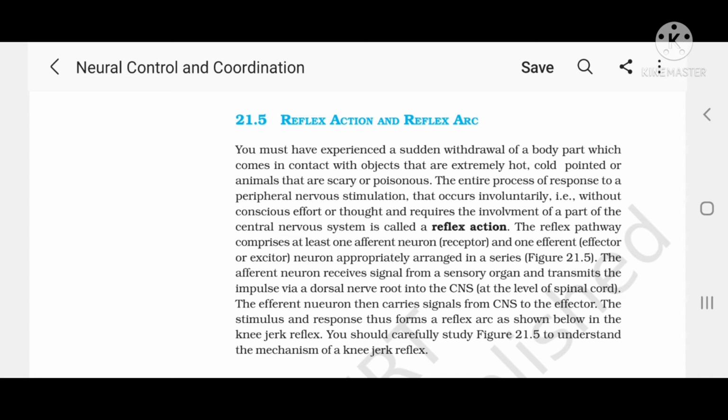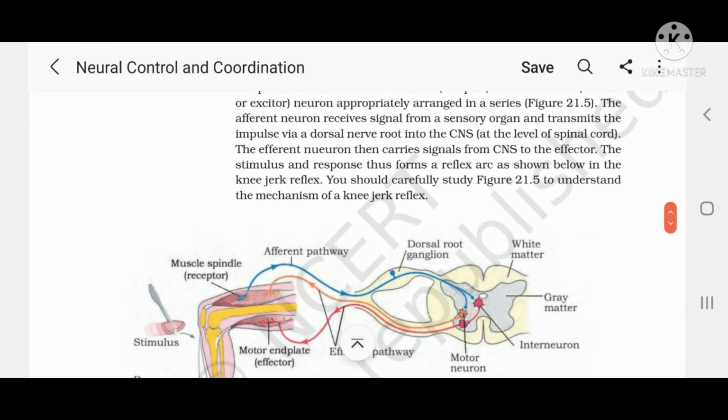The efferent neuron then carries signals from the CNS to the effector. The stimulus and response thus form a reflex arc as shown below in the knee jerk reflex. You should carefully study figure 21.5 to understand the mechanism of a knee jerk reflex.